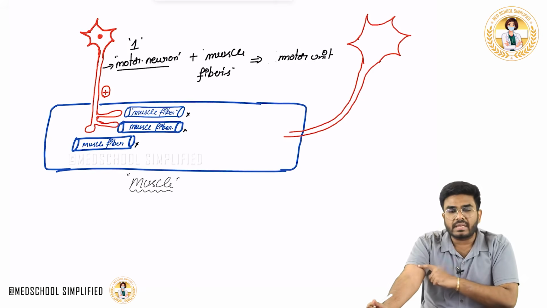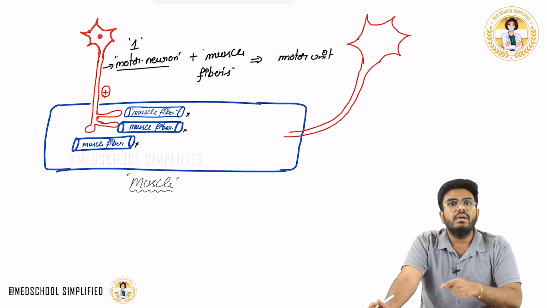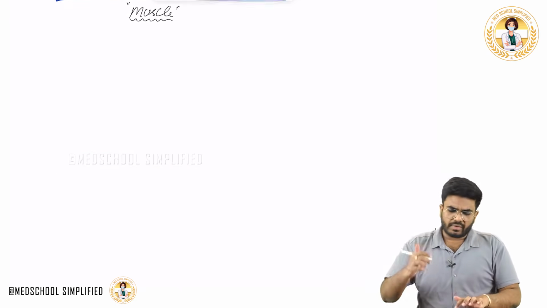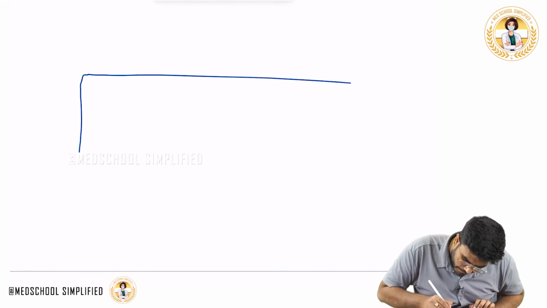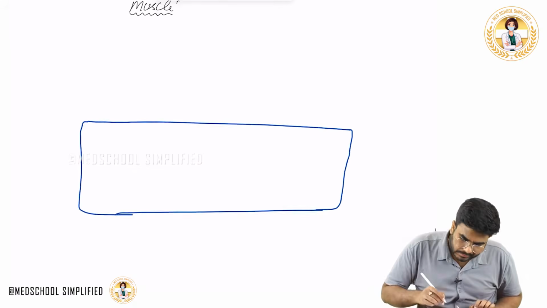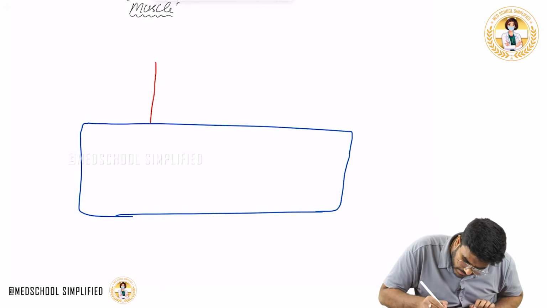Inside the nerve, there are many neurons present. Even for better understanding, let me draw something like this. Imagine this is your muscle. Here is your muscle. Now, here is a nerve. There is a nerve.